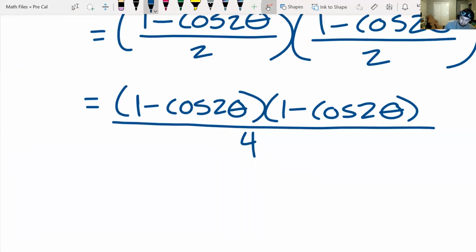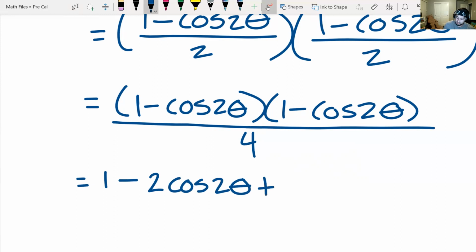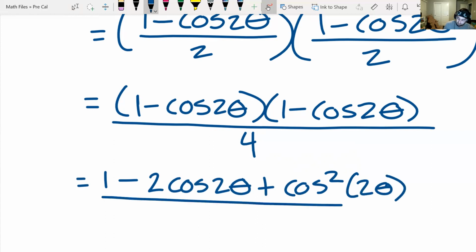FOIL it. 1 minus, and I'll sum this up a bit, you'll get 2 cosine 2 theta plus cosine squared 2 theta over 4.